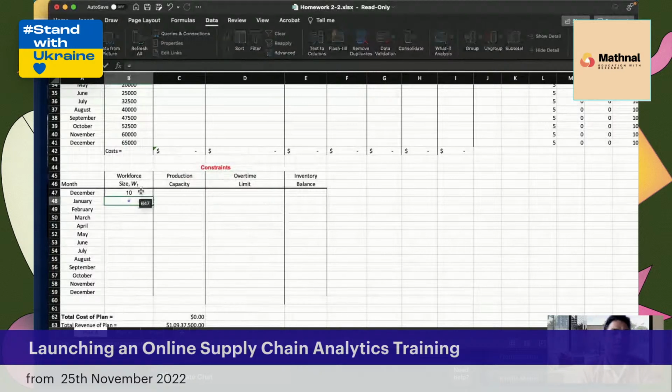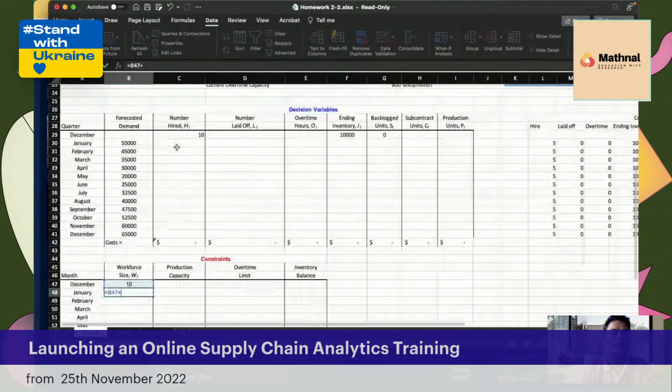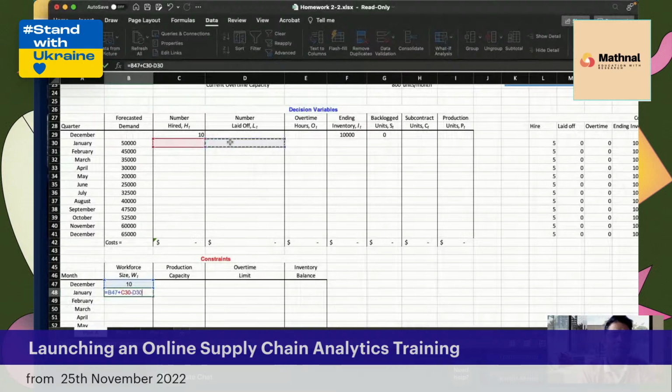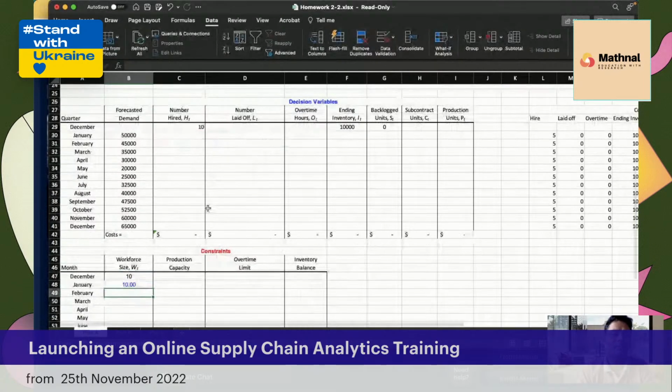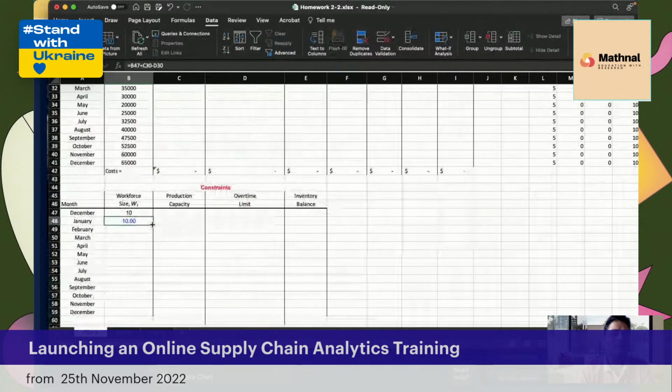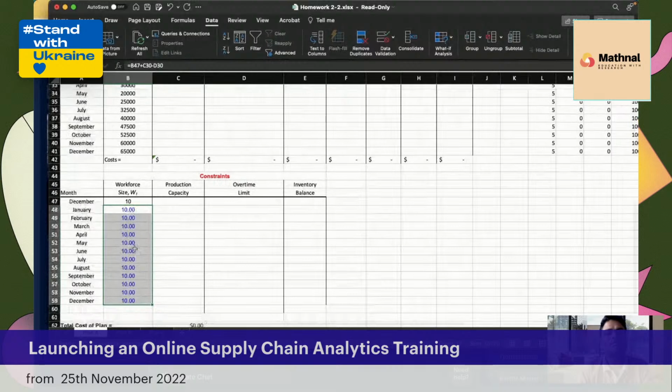So the previous workforce is 10, plus if I hire any new employees, that will be taken into account. If I remove any employees, that will be subtracted. This is my formula which I'm going to apply as a constraint for workforce.